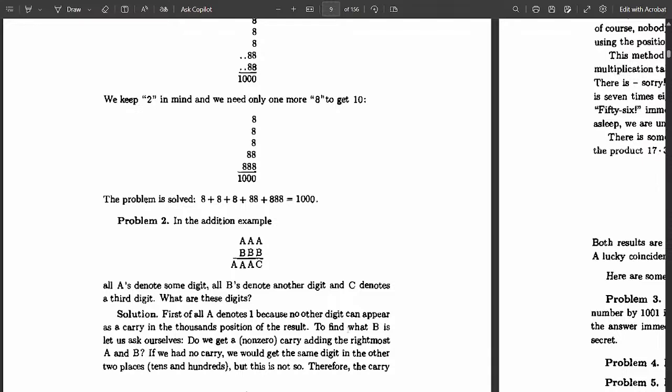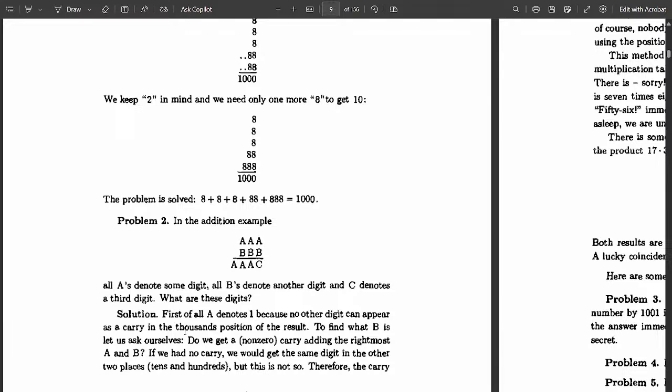First of all, A denotes 1. Why is this true? This is actually true. Oh yes, it is true.